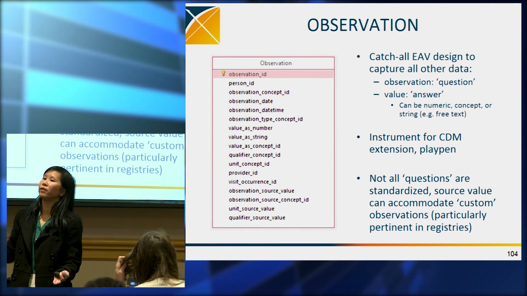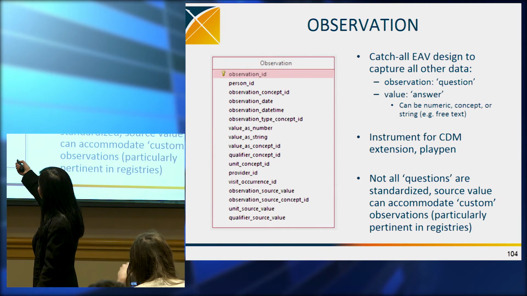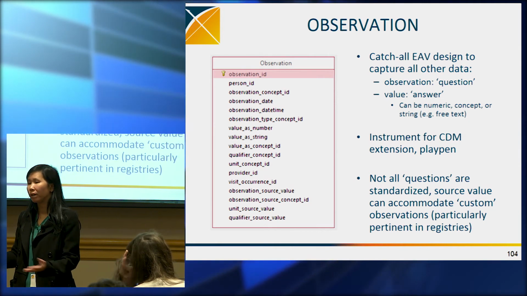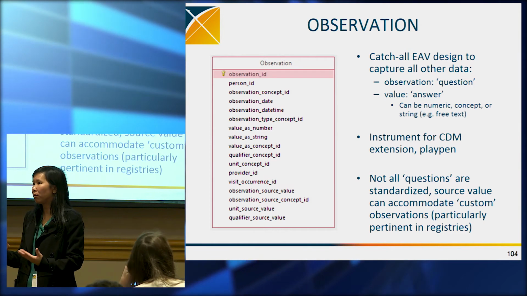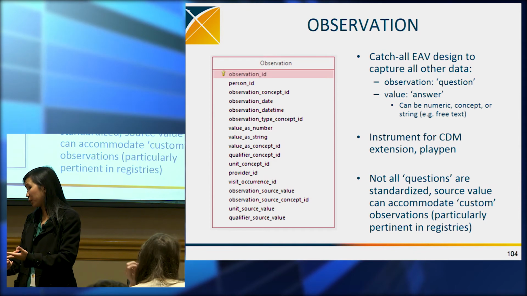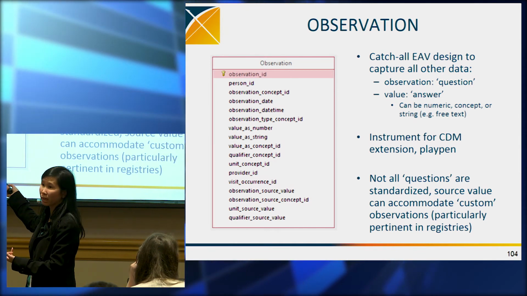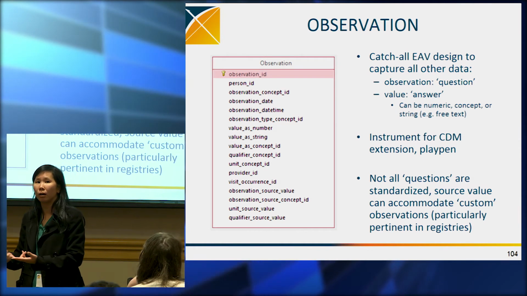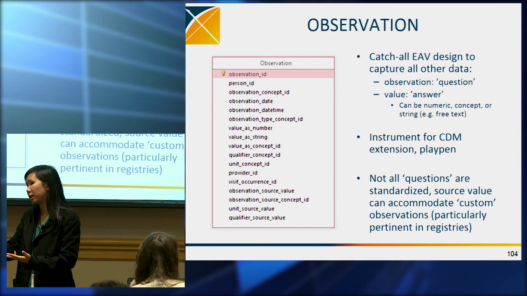No. For example, if you have smoking, your observation concept ID would be smoking, whatever the concept ID for smoking is. And then your value is did they smoke once a day, twice a day, 3 times a day, or are they a smoker or not a smoker, so a yes or no value. Yes or no would go in the value as concept ID, because we actually have a concept for yes and no. We actually do have concept IDs for smoke once a day, twice a day, 3 times a day.